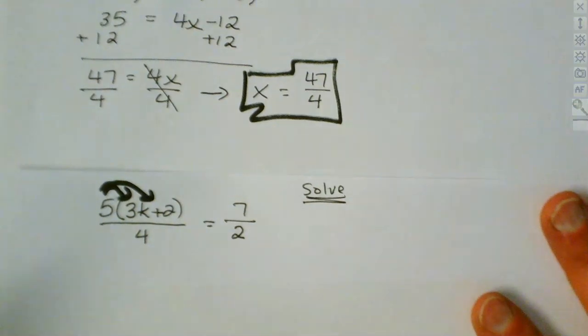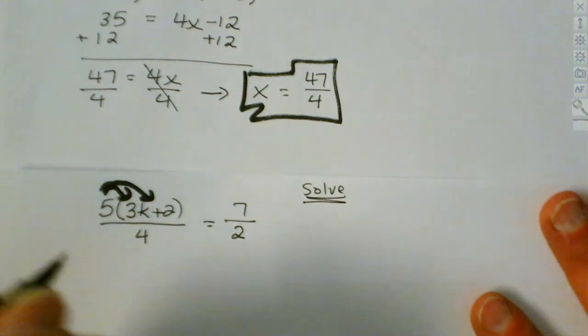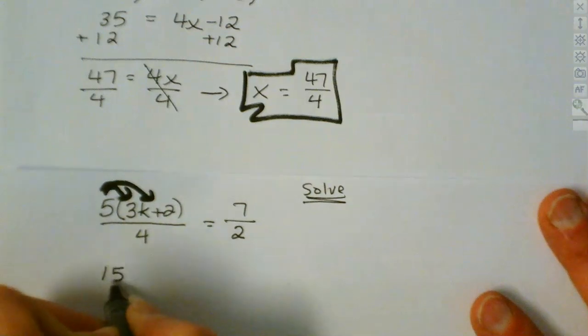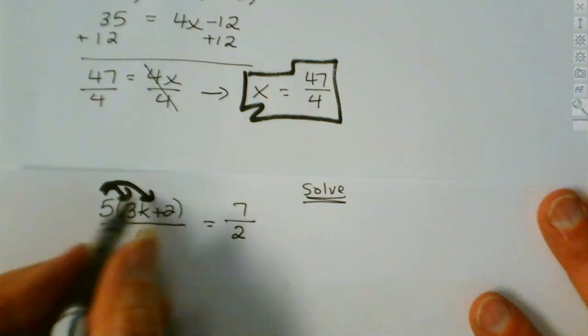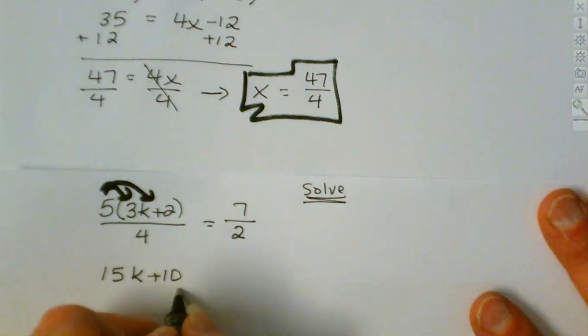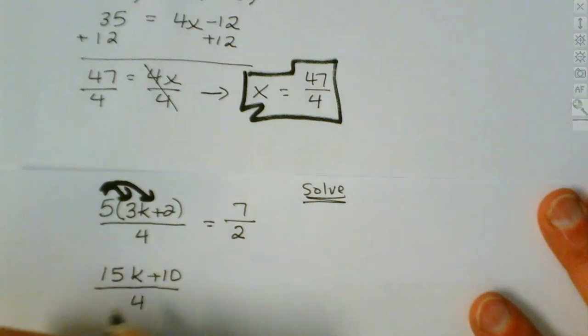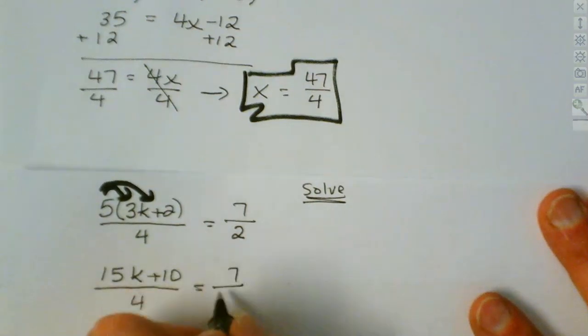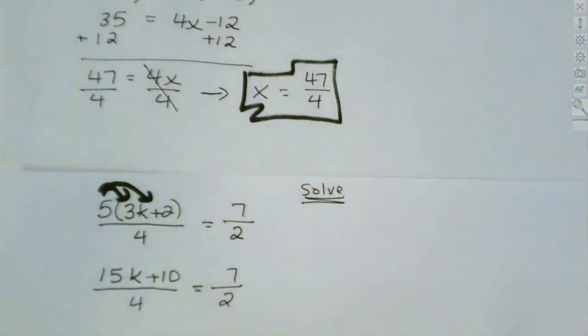So order of operations, parentheses are first, so we'll get rid of those. Now that's going to leave me then with a 15k and a plus 10 over 4, and that equals 7 over 2. Now we can work with it.